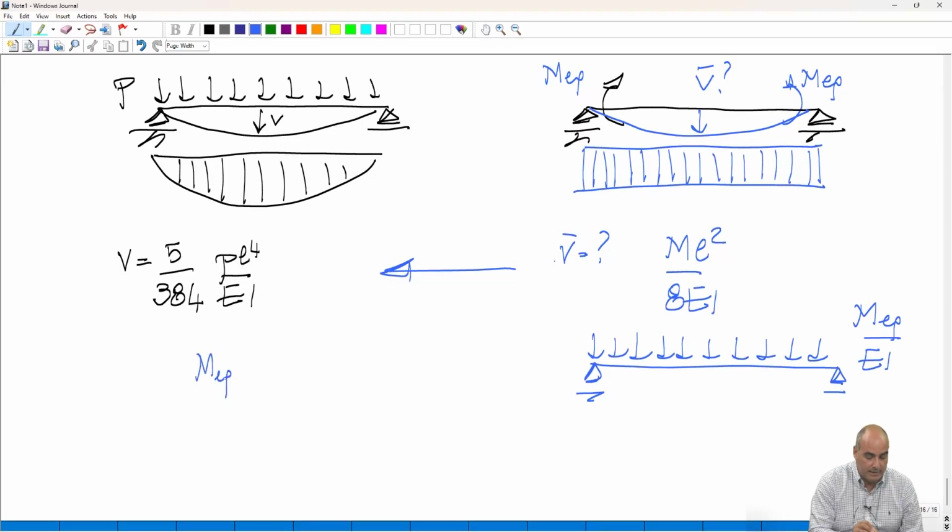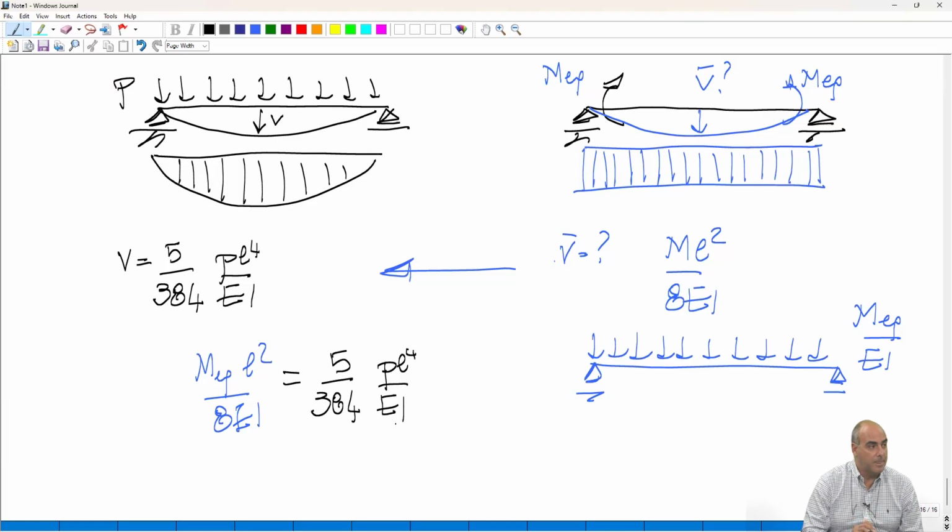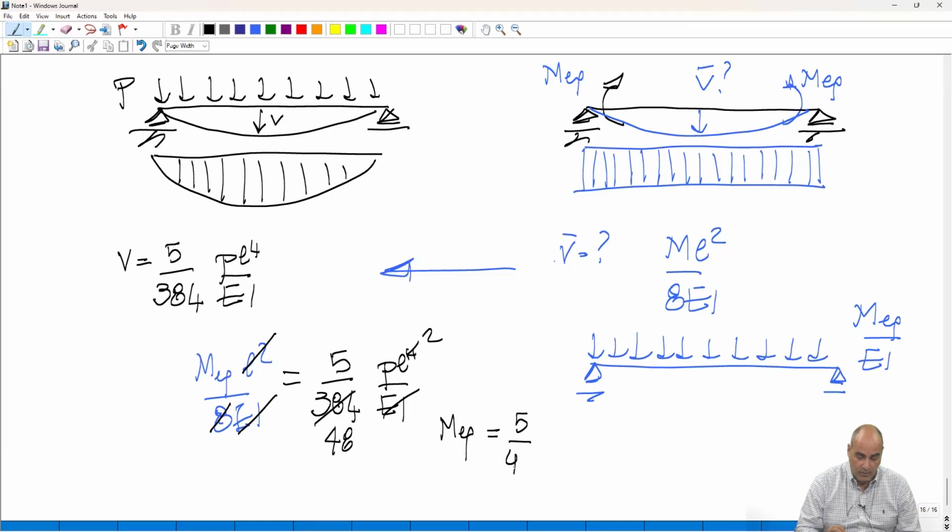So you have M equivalent L square by 8 EJ equal to 5 over 384 P L to the 4 by EJ. So this is 8 and 384, this is 48. L square becomes L square, EJ and EJ cancel, and you have M equivalent is equal to 5 over 48 PL square.